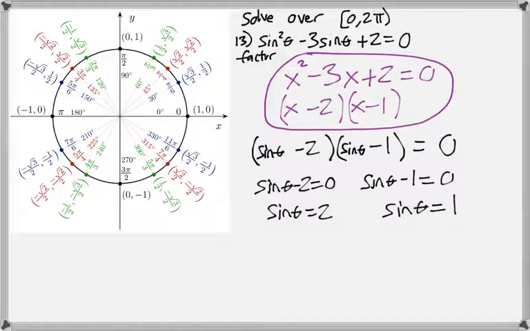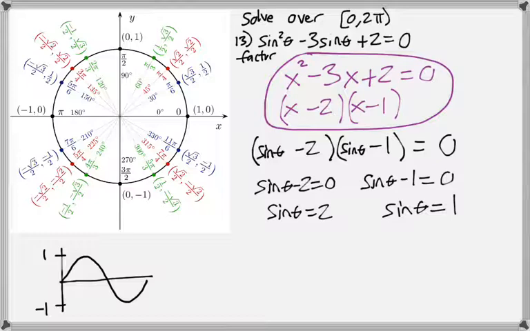Another way to look at this, which I like to do, is look at the graph of sine. So no transformations, just the graph of sine. It never gets any greater than 1, and it never gets any less than negative 1.